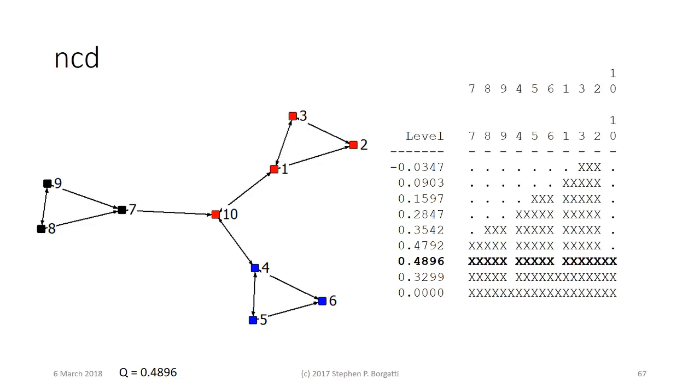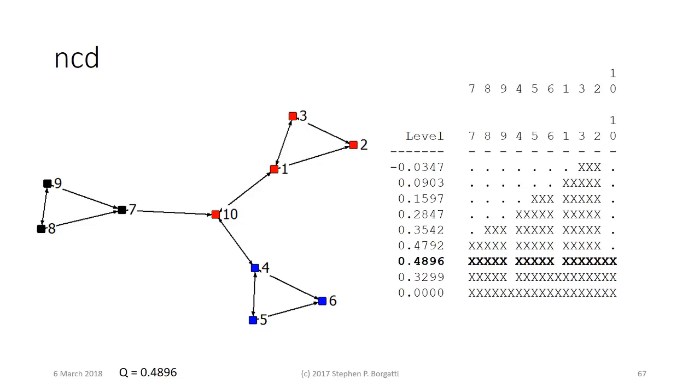And it says, at any given point in the algorithm, where could I put this node such that it would increase my Q? And it figures out that, well, it would be cluster 3, and then it puts it in there. And then it goes on again and says, okay, now, for each node, where could I move it that would increase my Q? And it ends up doing a hierarchical clustering.